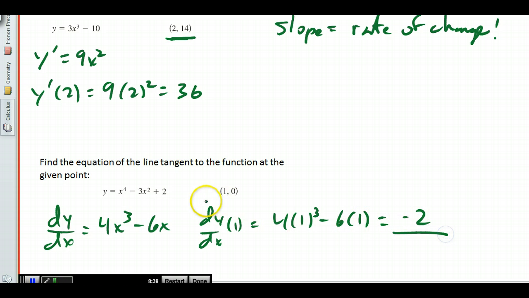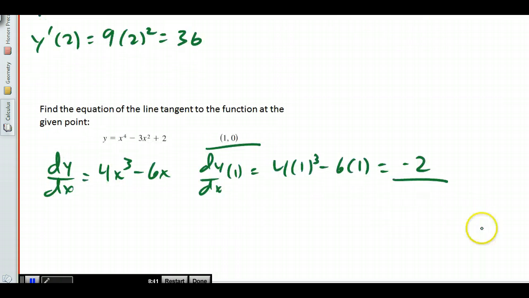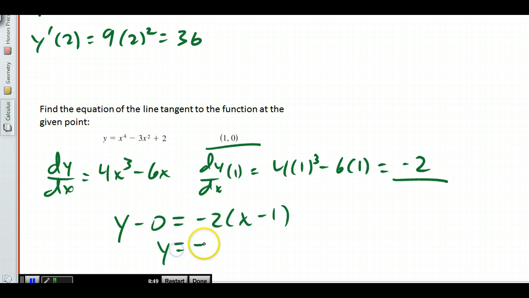So there's my slope. There's my point. And my line is going to be y minus 0 equals negative 2 times x minus 1, or y equals negative 2x plus 2. So the derivative is very powerful because it gives us the slope of any polynomial at any given point.